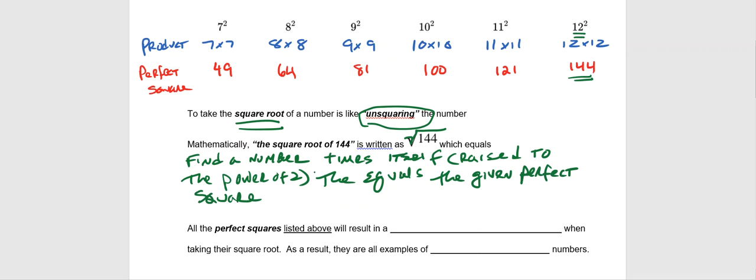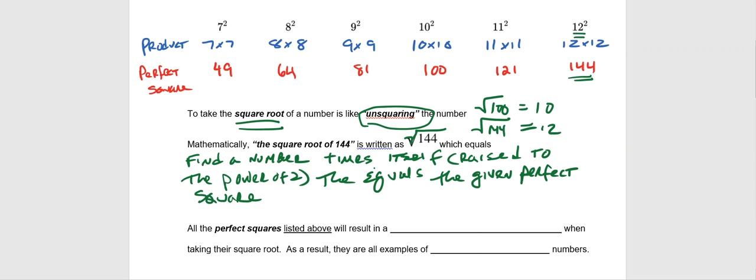Now that sounds complicated, but it's really just unsquaring. So in this case, I'm saying, what number times itself gives me this resulting perfect square? And we already know from looking at the table, the square root of 144 equals 12. Likewise, the square root of, say, 100, find the number multiplied by itself that equals 100, the square root of 100 would equal 10.